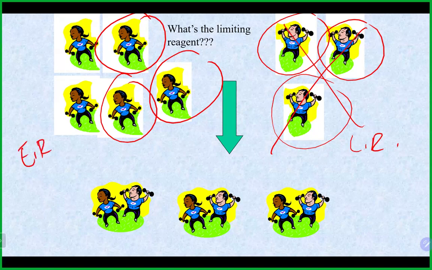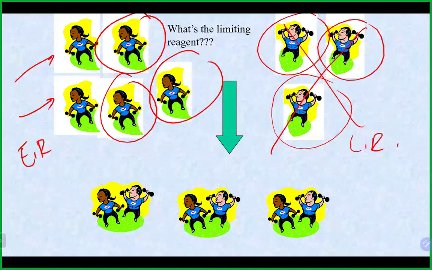And also a very common question that's asked in these type of problems is how much of your excess reagent is still left over. So clearly in this simple example here, we can just count and we have 2 left over. So those are very common things in limiting reagent problems that you're asked to find, which is how much product you'll produce and how much of the excess reagent is left over at the end of the reaction.